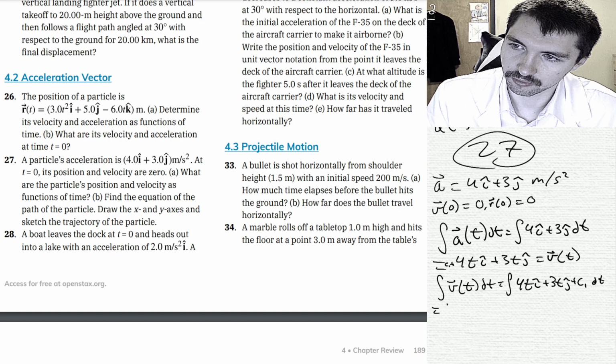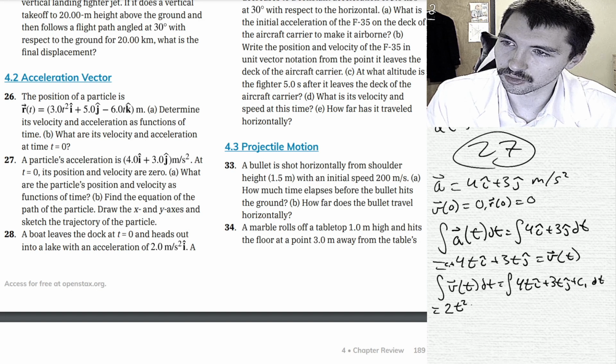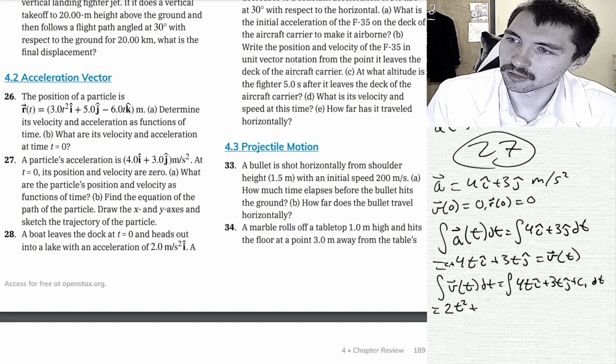Okay, so it'll be 2t squared. T plus 1 is 2, divided by 2, 2 is 2, so we get 2's here. Plus 3/2 t squared. This is i.